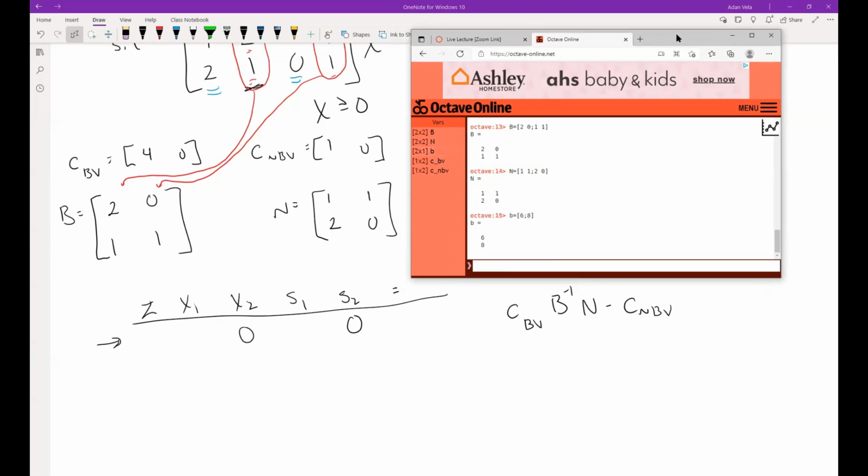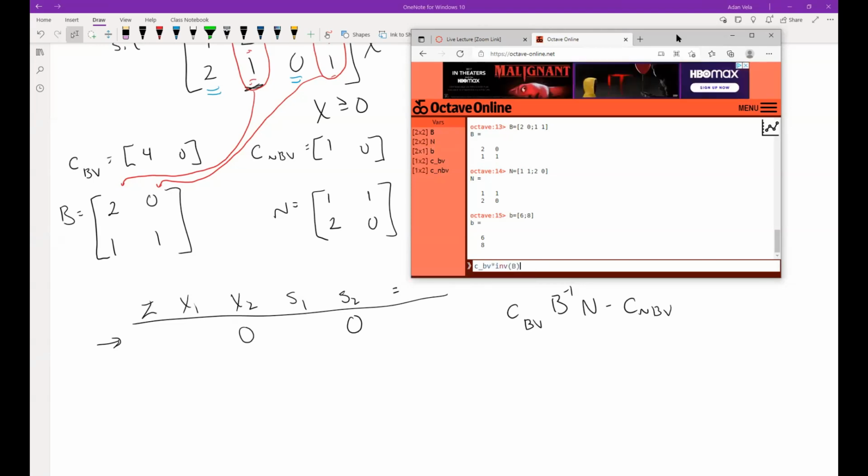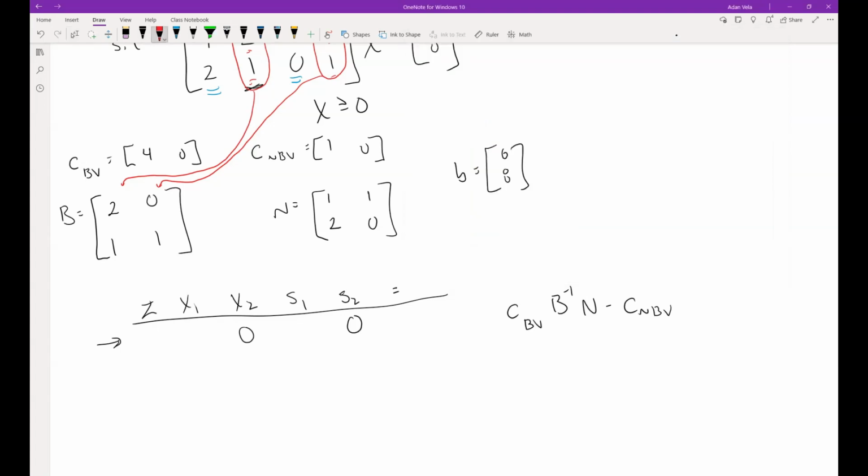Let's go through this first multiplication. Here I'm going to write the inverse of B in line as a function. We get 1 and 2. So after that calculation, we're going to fill in 1 and 2.